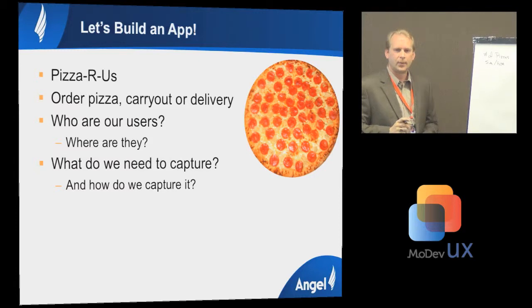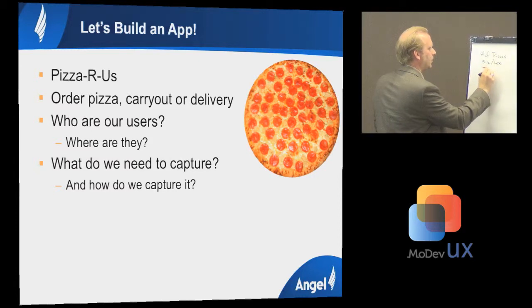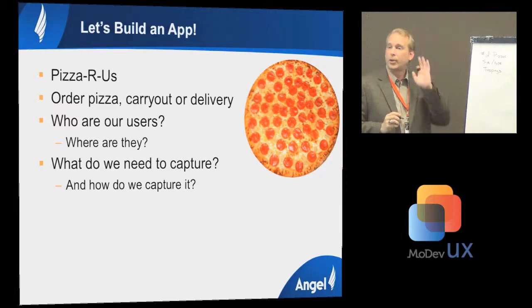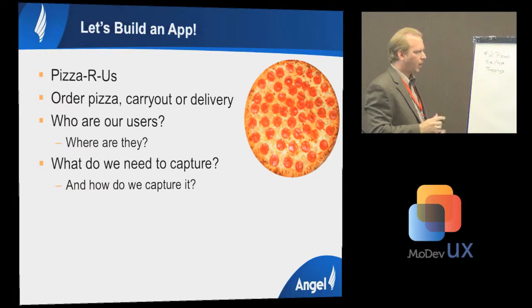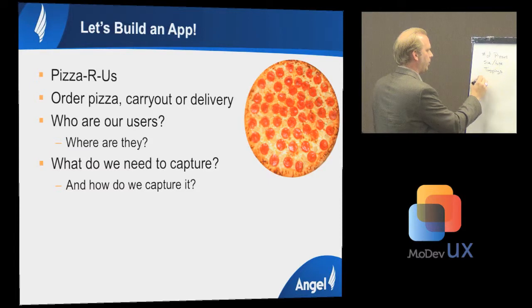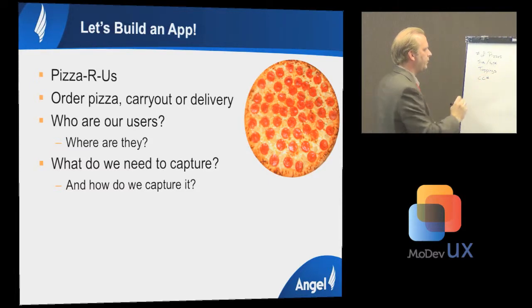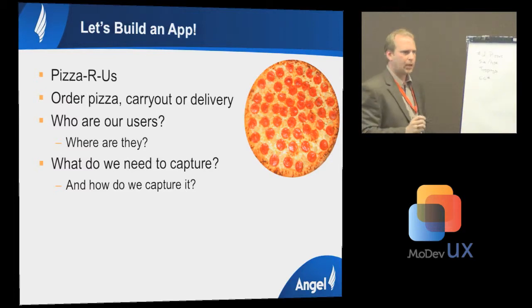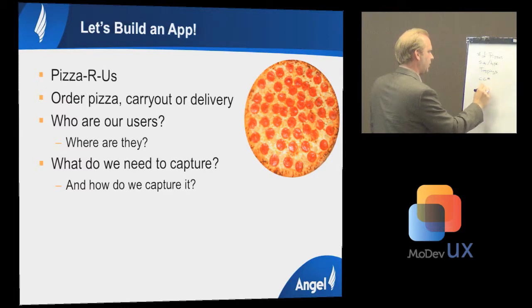Toppings, good. Payment information, maybe. Yep, definitely. At some point, we gotta be able to pay for this. Maybe you want to put the credit card in. We've got address, if it's carry out or if it's delivery, and delivery time.